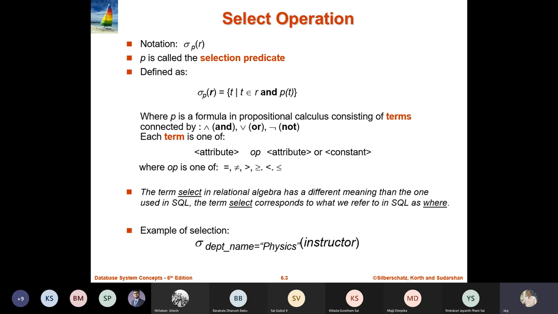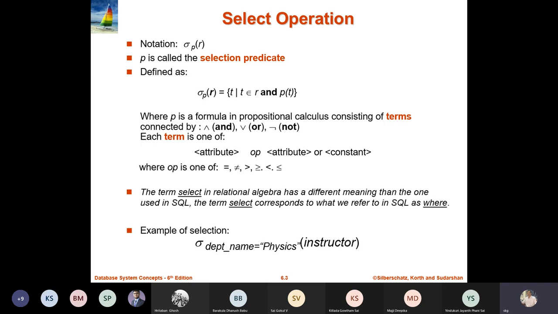So I can say, if department equal to physics and student course equal to BTech, something like that, right? Or department equal to physics and instructor designation equal to associate professor or professor, then select those instructors, right?